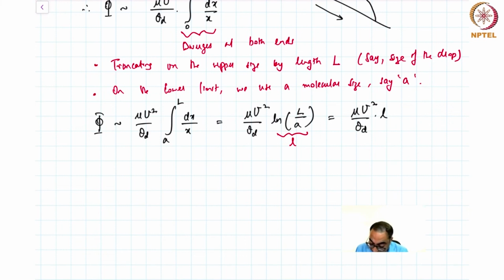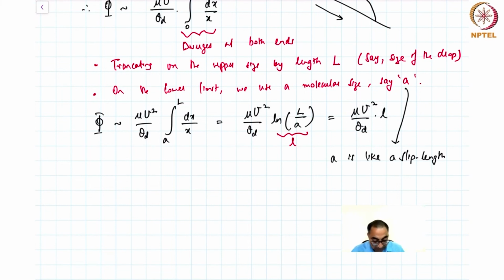So this quantity A that I glossed over is like a slip length. Okay, so A is like a slip length that is present in the problem.